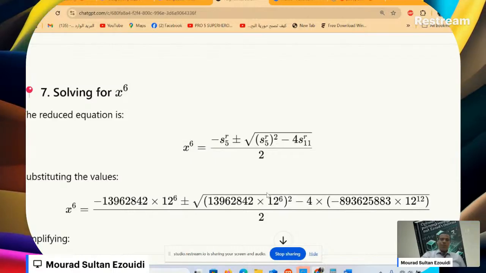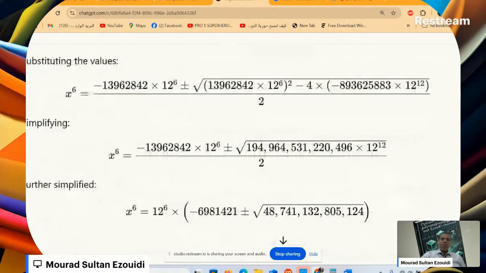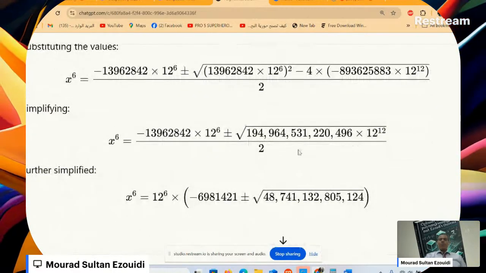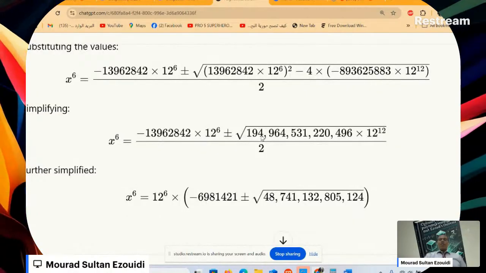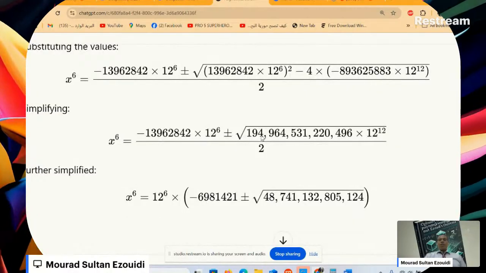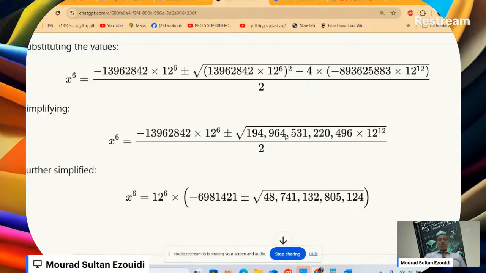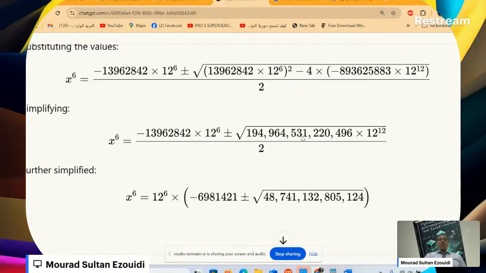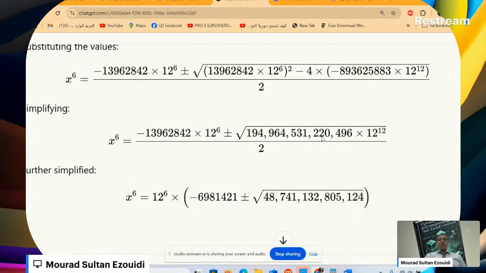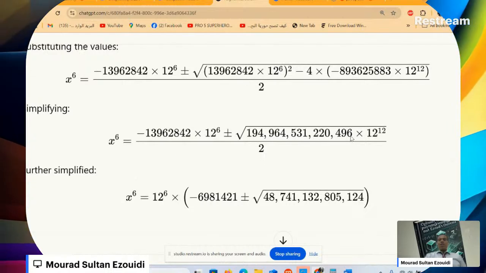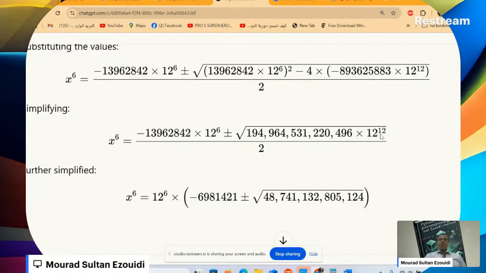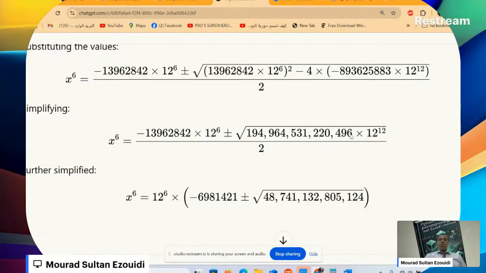I will calculate this first. So this one has to be equal to 194 trillion 964 billion 531 million 220,496 times 12 raised to the power 12, divided by 2.